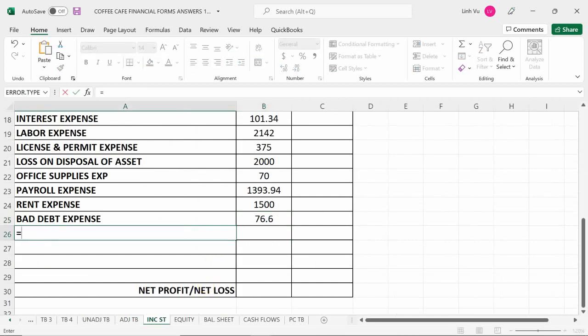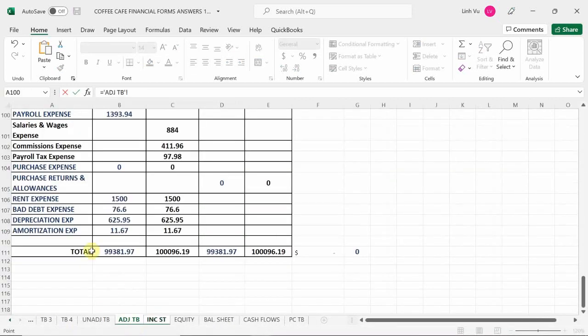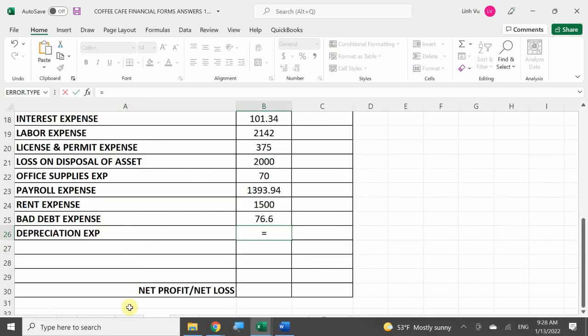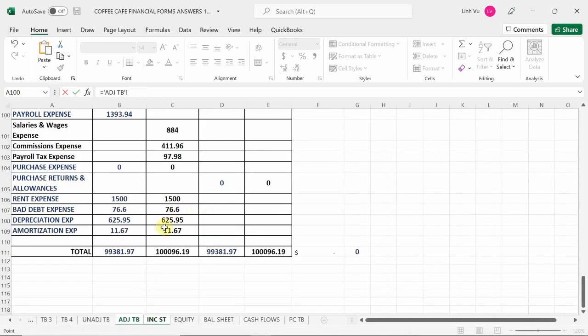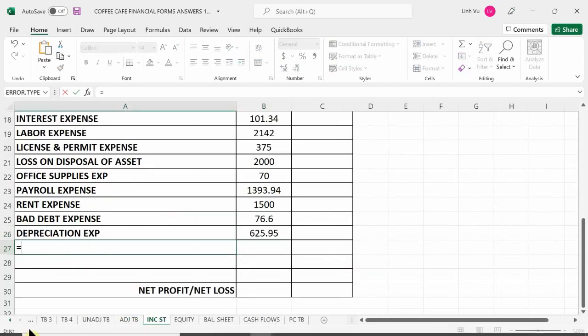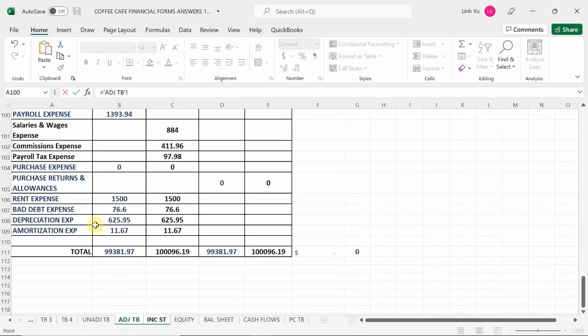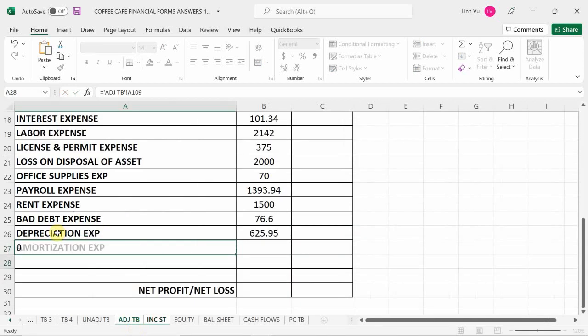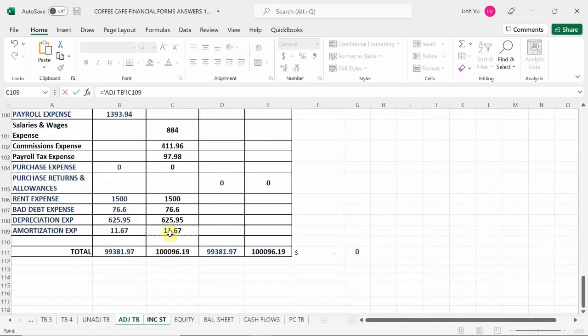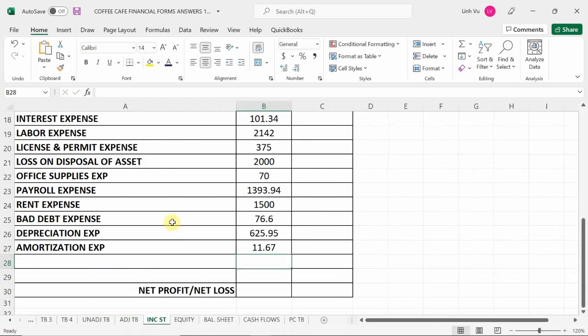Then we had depreciation expense for $625.95. And then we had amortization expense for $11.67. Okay.